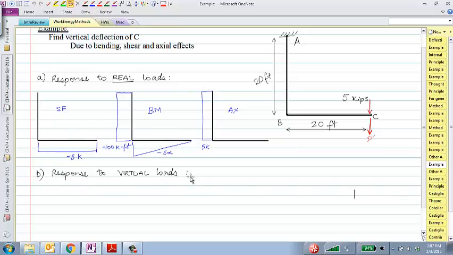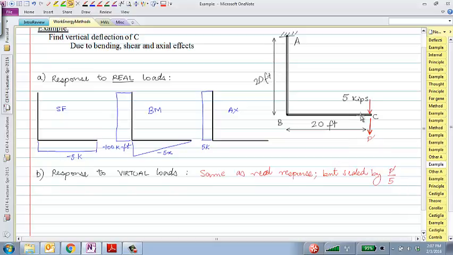The virtual load would still be P prime being applied at that point, and the virtual response is the same as the real response, but scaled by P prime divided by 5.